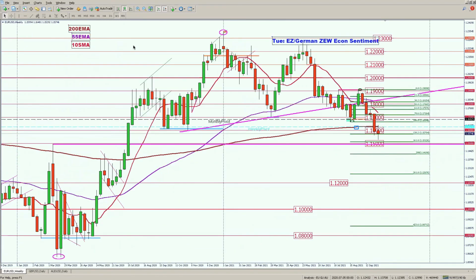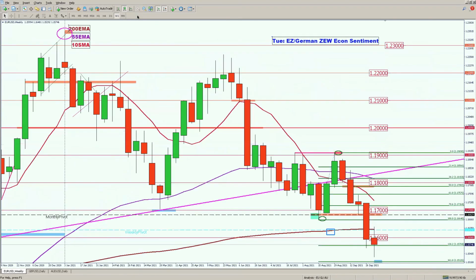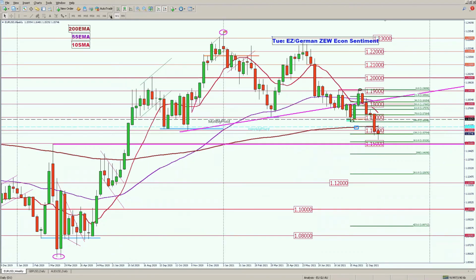And as well as the euro, it's also struggling, already below the weekly 200 EMA. So the euro is in a worse shape than the other two majors.